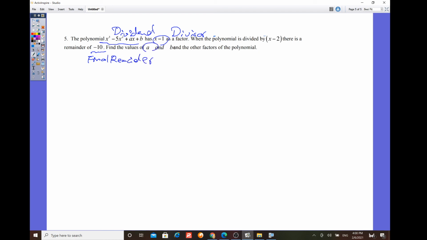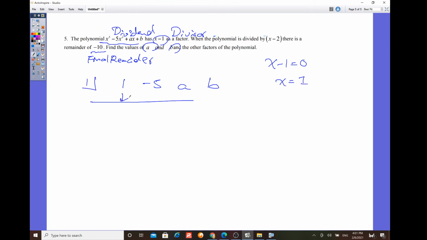Well, a and b are just constants. They're not considered variables. The only variable is x. Using synthetic division, we have 1, -5, a, and b. Nothing is missing from the cubic polynomial: third degree, second degree, first degree, constant, or 0 degree. Divisor x minus 1, set that equal to 0, so we're using 1.